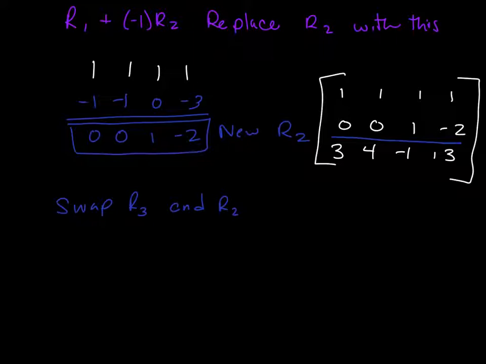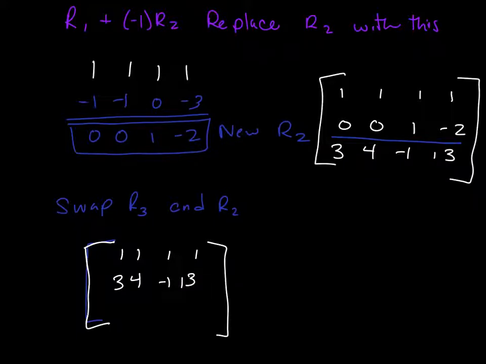And when I do that, what I end up with is still a row of 1s here. But when I swap those around, 3, 4, -1, 13, and 0, 0, 1, -2.